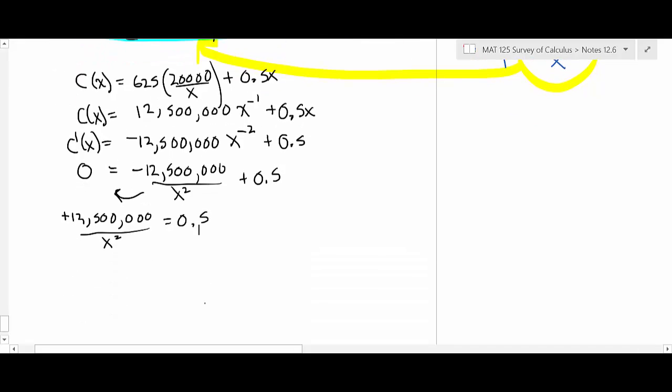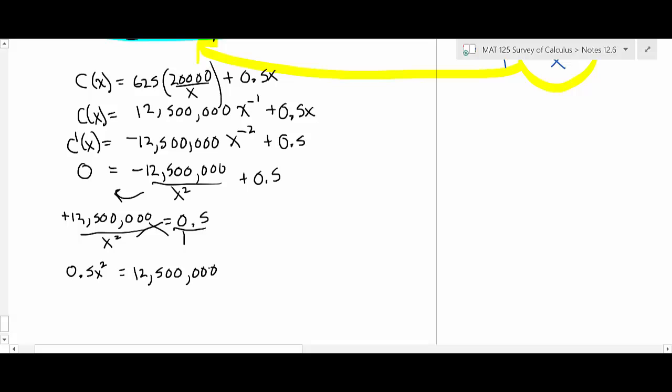Now you can cross multiply this one if you want to. A simple way to do this is just put that over 1. It's a proportion, so you can cross multiply. So if you do that, you would have 0.5x squared is equal to 12,500,000.